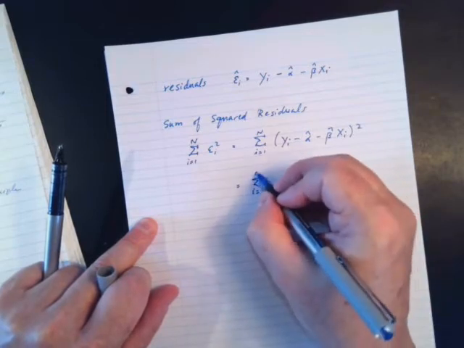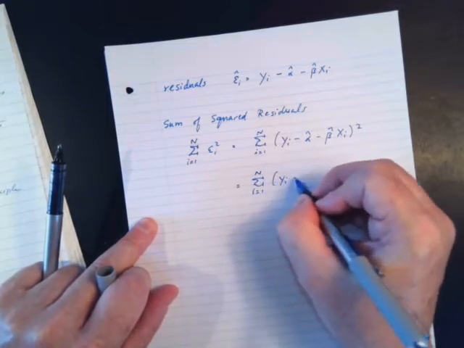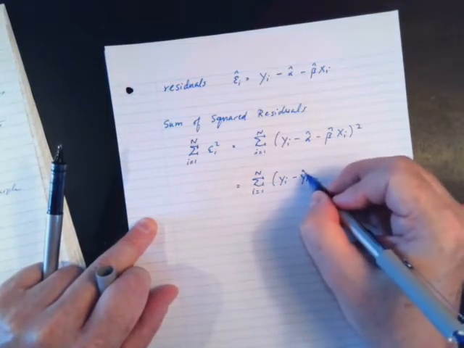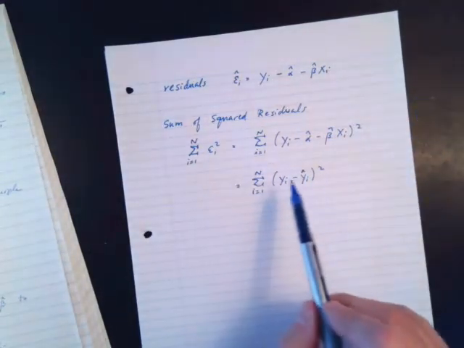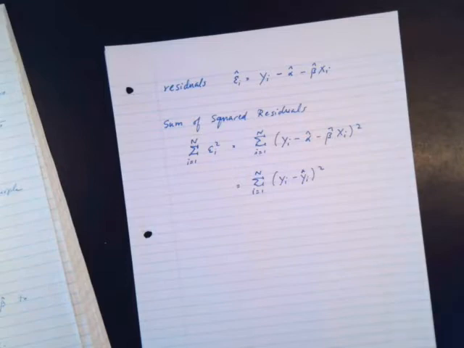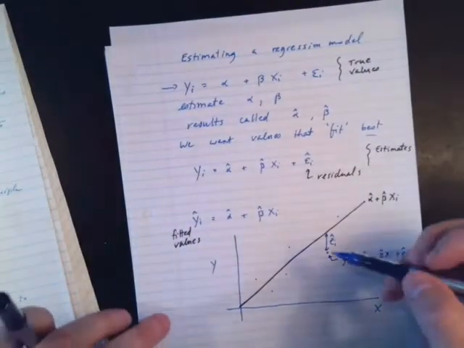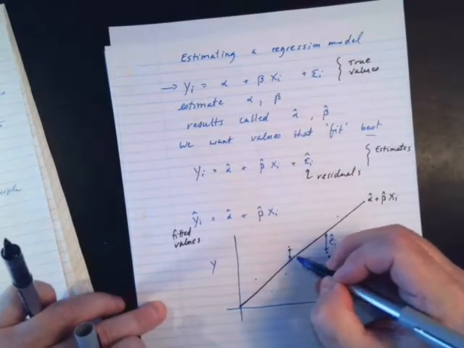We could, if we wanted, write this as yi minus yi hat squared. So this is the sum of the squared residuals. It's the sum of all these vertical distances squared.